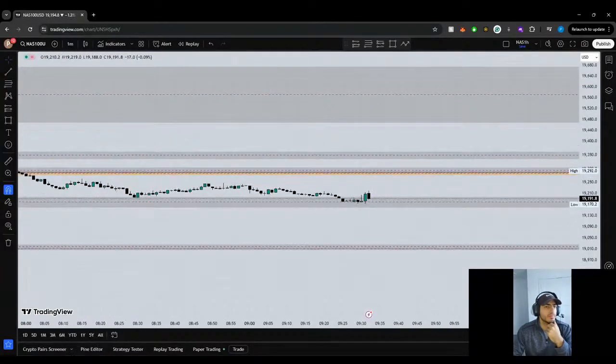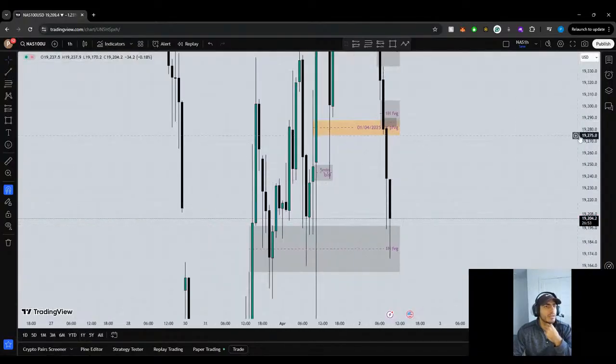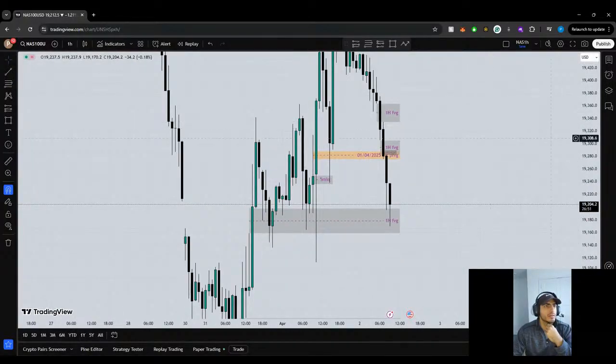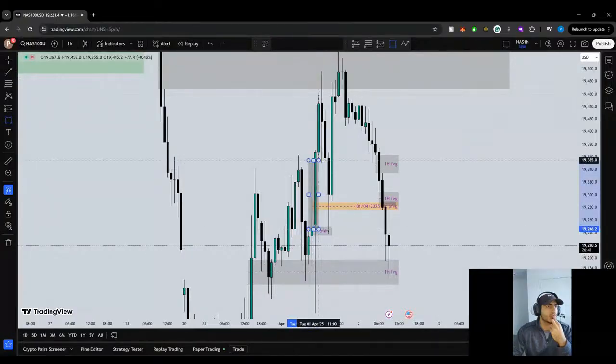I'm just going to go back on the 1 hour quick and see what I could use as a possible inversion fair value gap. Probably this one right here.